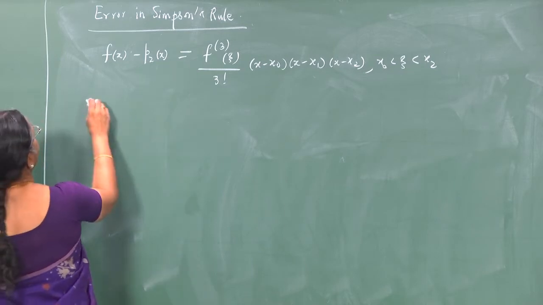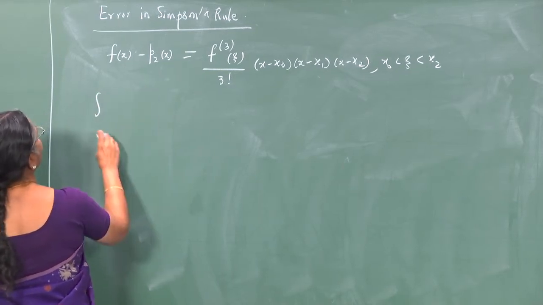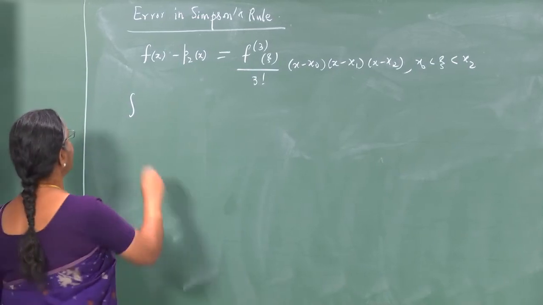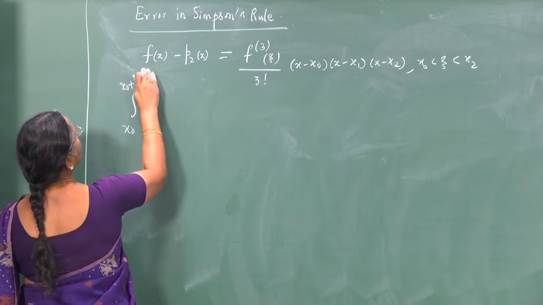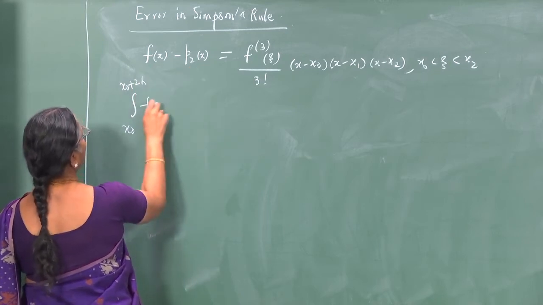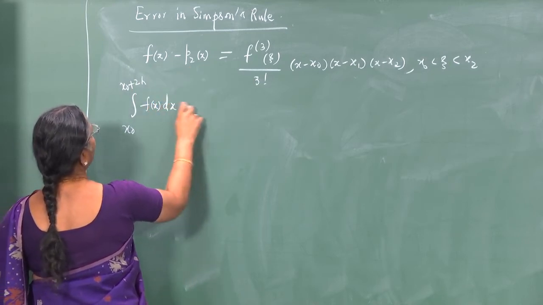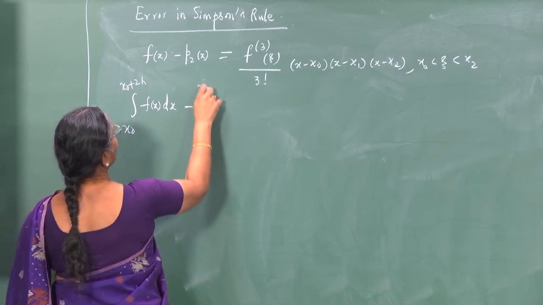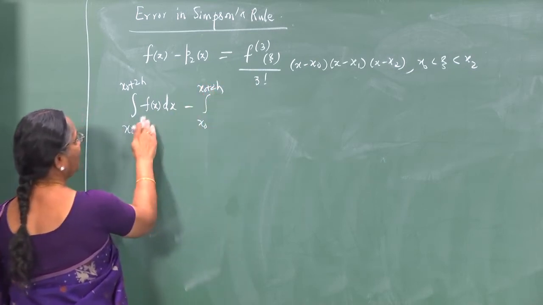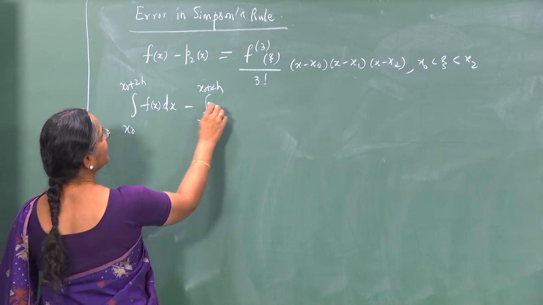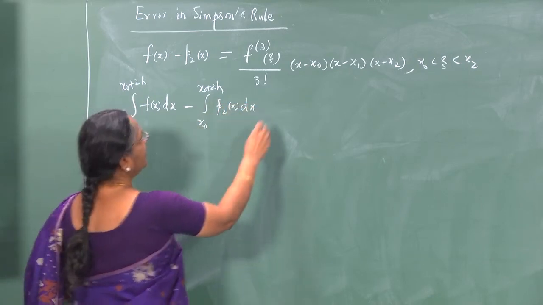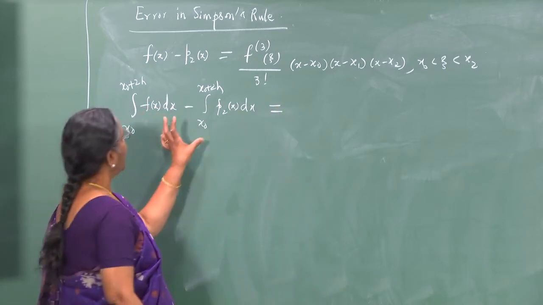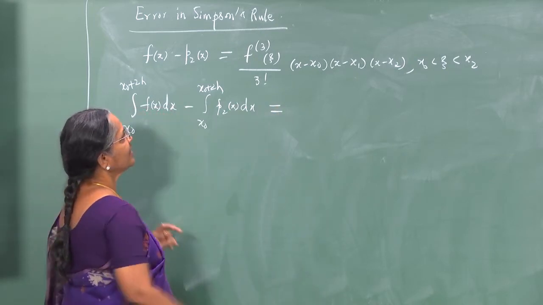So, we would like to get the error in evaluating the definite integral by approximating f of x by p2 of x. So, that will be the integral from x0 to x0 plus 2h of f of x dx minus the integral of p2 of x dx, and we want this expression, which is the error in Simpson's rule.